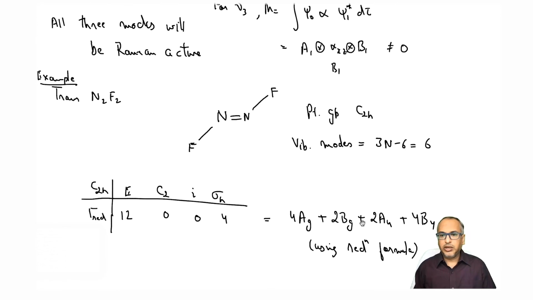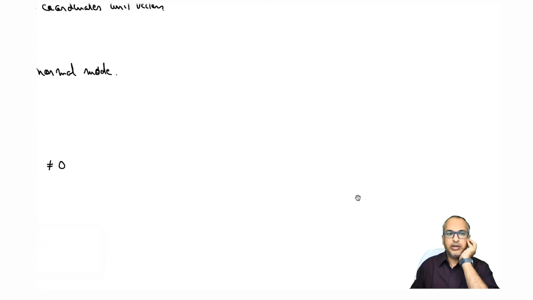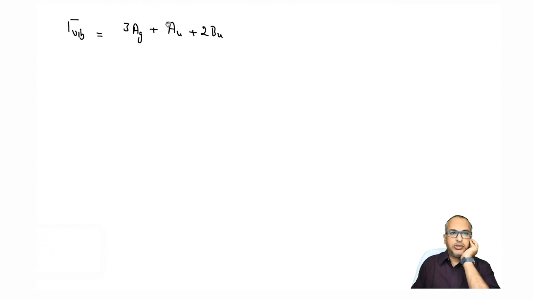So this is the total vibrational modes, and we have to find out the symmetry of vibrational modes by subtracting the translational and rotational components. So out of Ag, Bg, Au, Bu, you can remove the symmetry of translational and rotational modes. So let's not do that, and I'm directly writing the vibrational representation as this.